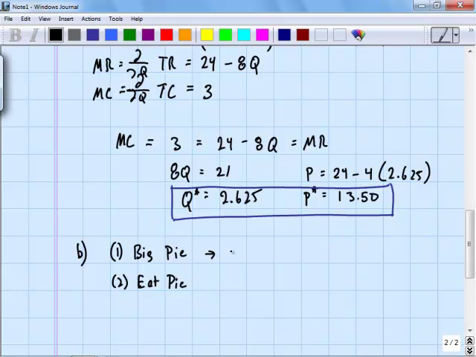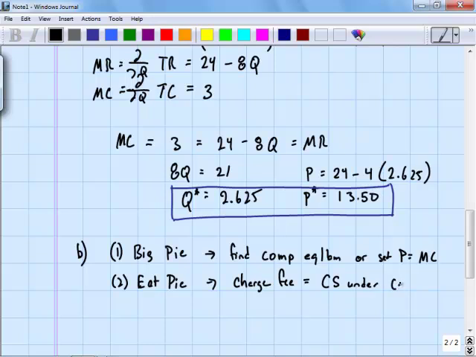The big pie is telling you find competitive equilibrium, or set P equal to marginal cost, which is the same thing. And eat pie is charge a fee equal to CS under competitive equilibrium.